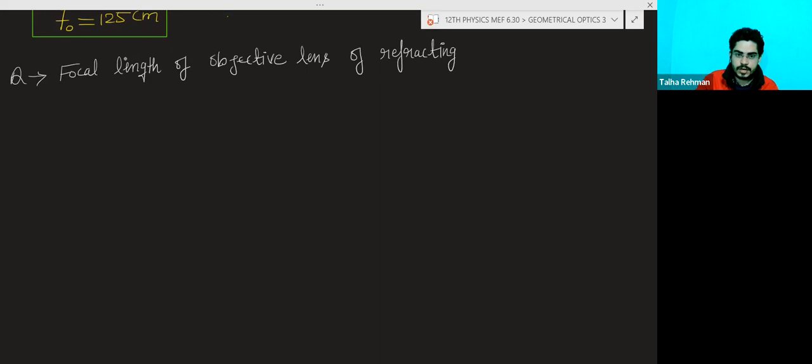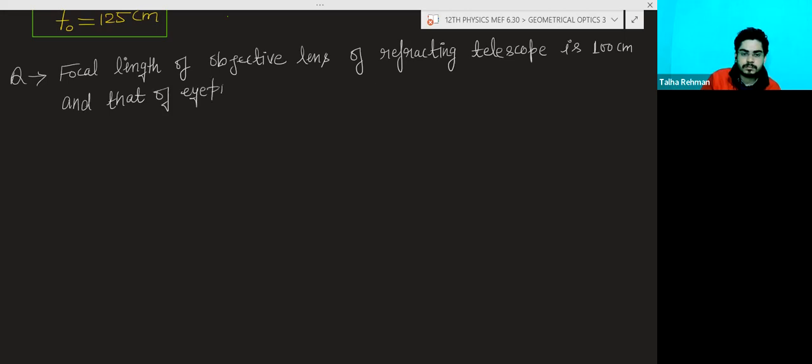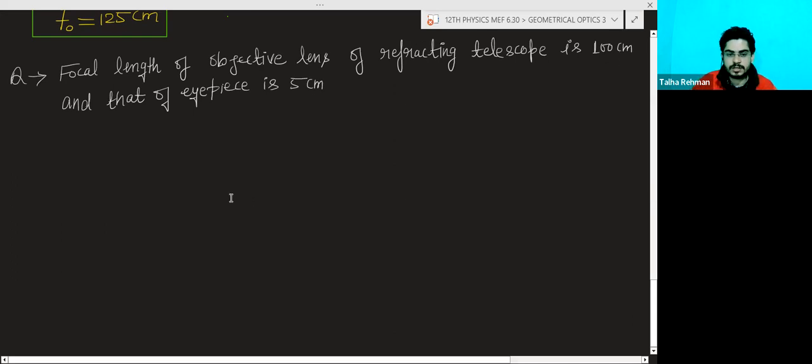The focal length of the objective lens of a refracting telescope is 100 centimeter and that of the eyepiece is 5 centimeter. You can see here the objective lens is 20 times bigger than the eyepiece lens.